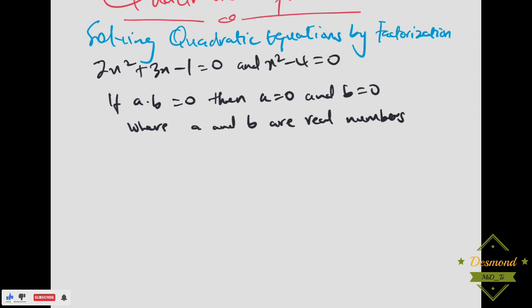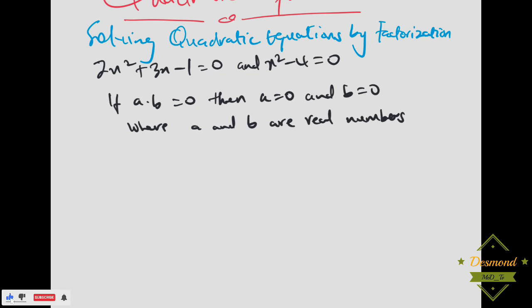So multiplying the factors expands the expression to a string of terms separated by plus or minus signs. So in that sense, factoring is the reverse of the operation of multiplication.